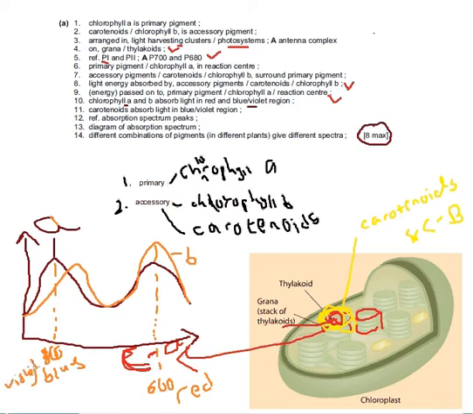So normally chlorophyll A and B absorb light in this region. However, carotenoids don't absorb light from the red region, they only absorb light from this region here, and then they go down. These are the carotenoids. They absorb only in the violet blue region. They don't absorb in the red region.